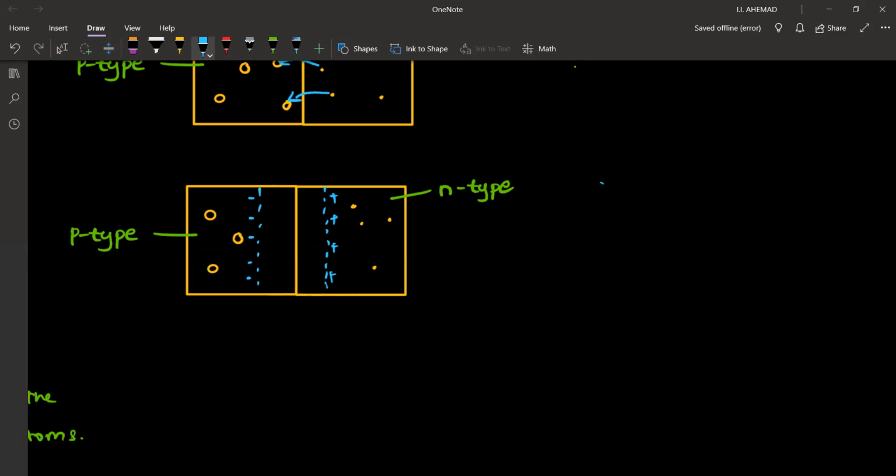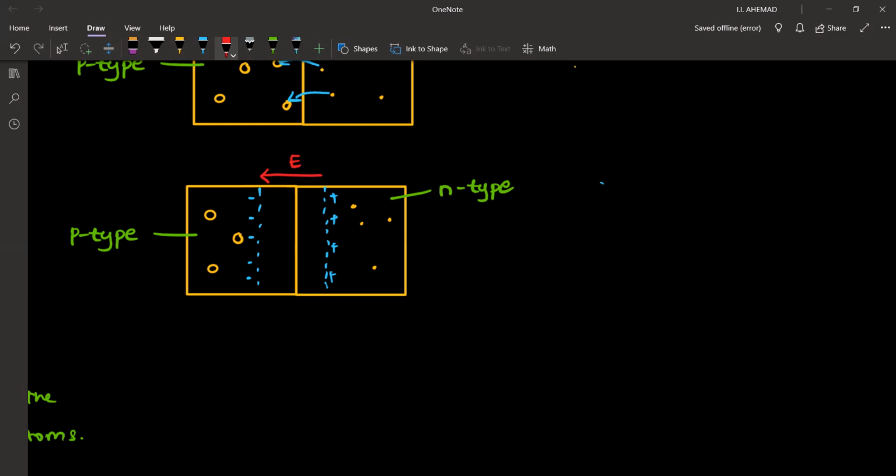So an electric field is set up. Gradually an electric field is developed in this region, in this direction. So now these electrons cannot diffuse from one region to the other.